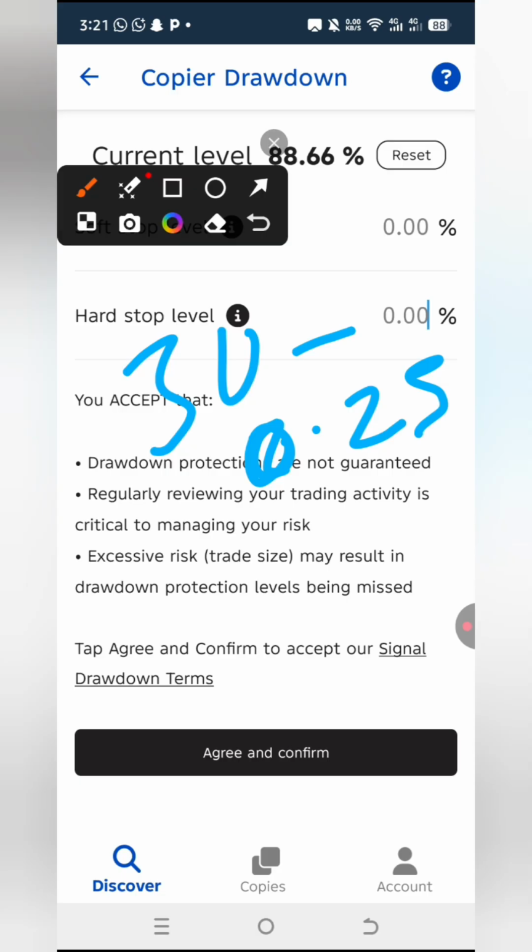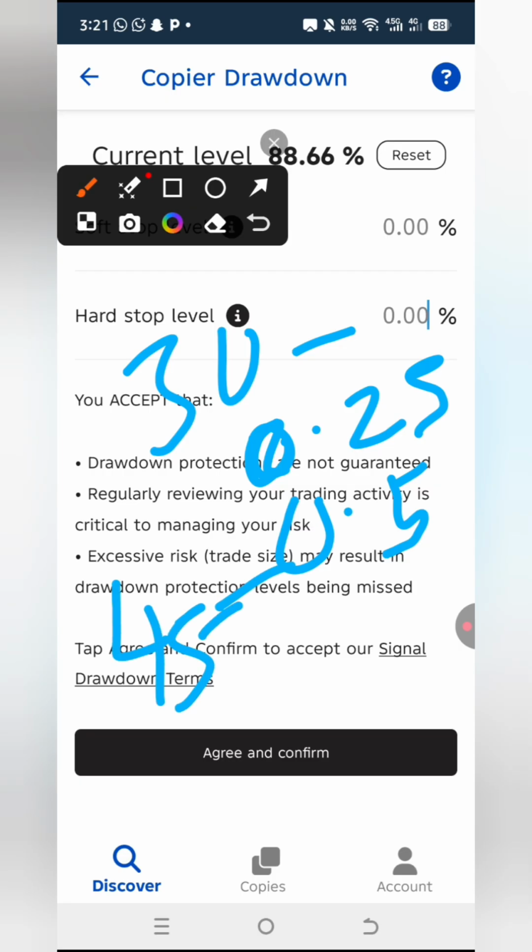And if you're trading 0.5, you might want to put probably 40 to 50%. So let's say 45%. But if you're trading 1, don't put anything. That means you're a good risk taker, so you want to watch your markets yourself. You don't want to put anything because there's tendency of it going up to 60% deep before it comes back up. So that's that.